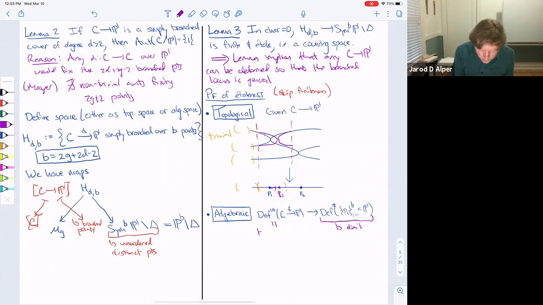So for this space, you can show deformations are classified by sections of the normal sheaf to F, where if you look at the pullback map of the tangent sheaf of C mapping to the pullback of the tangent sheaf on P1, then N_F is just the quotient.